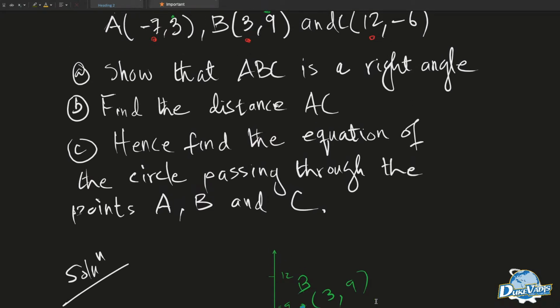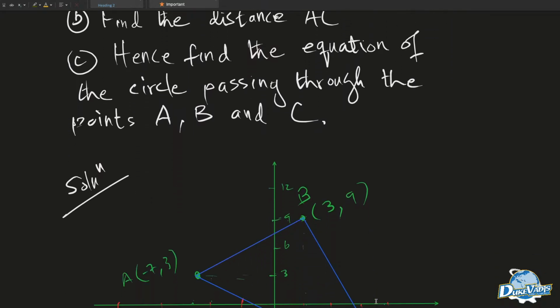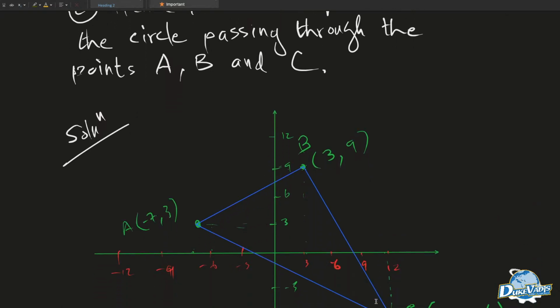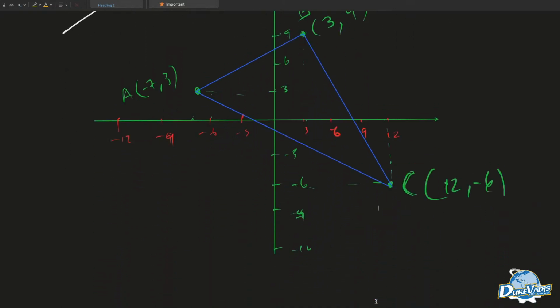Now the question says we should prove that ABC is a right angle.